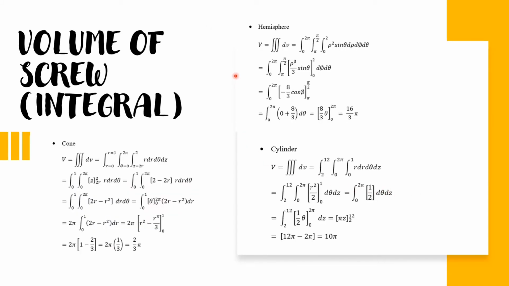Next is the volume of the screw using integration. For the volume of the screw, the first one, I start from the top, which is the hemisphere. So dV is the integral from 0 to 2 pi, pi over 4 to pi over 2, and then 0 to 2. This is because I got the equation like this.